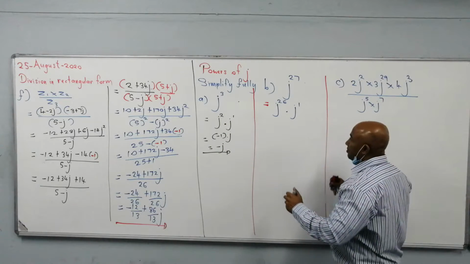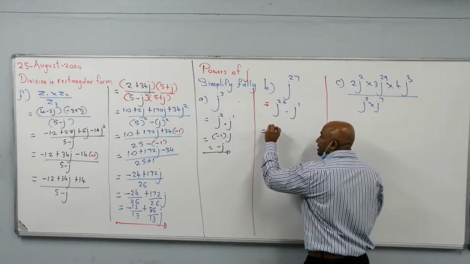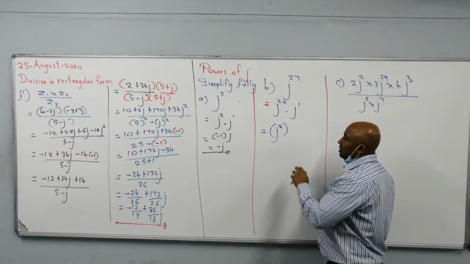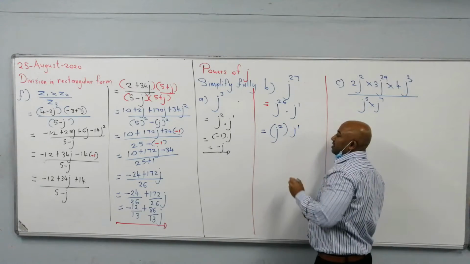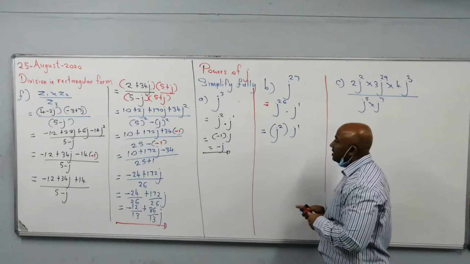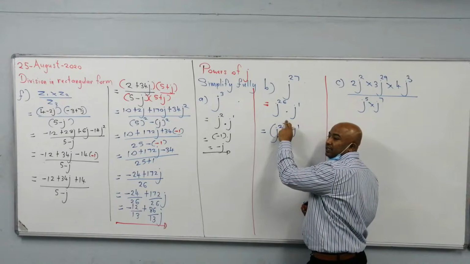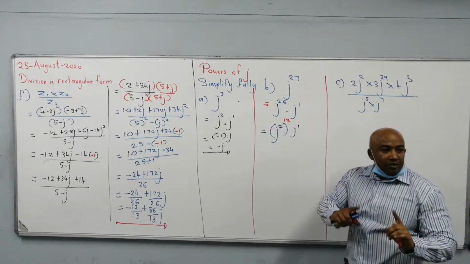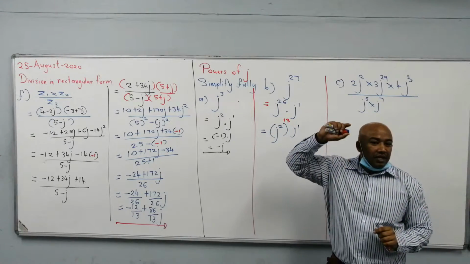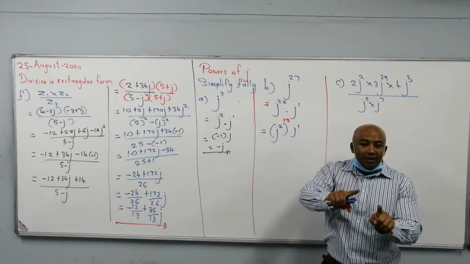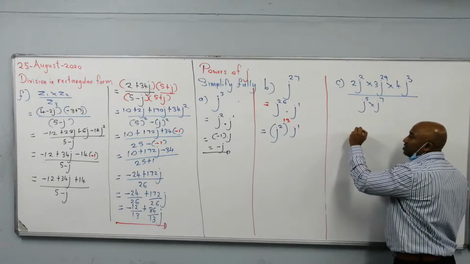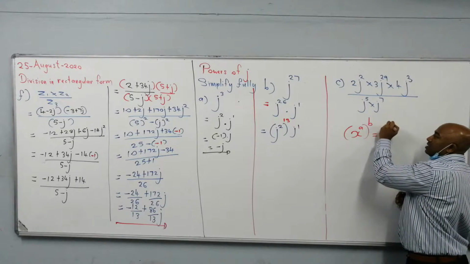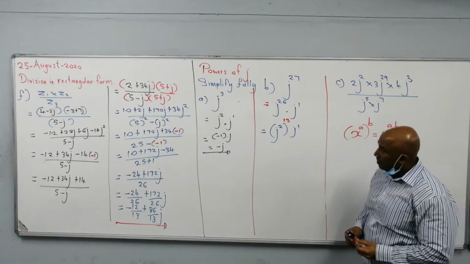Okay, so therefore I can write this as j squared all raised to the power, what will I put down there? If I write down a 2 there, what will I write down as the higher power? 13. Okay, because here I'm using the exponent law. When you have a power raised to a higher power, you multiply the exponents. So if I have x to the power a all raised to the power b, this is the same as x to the power a times b.